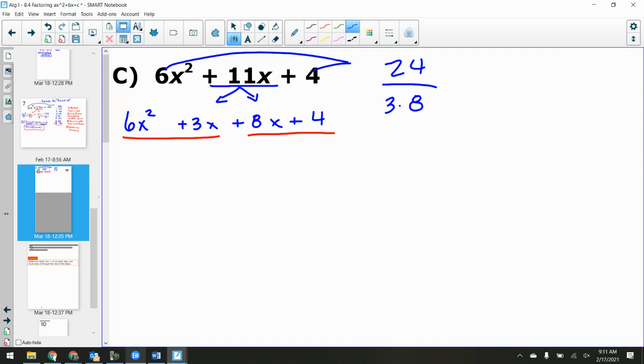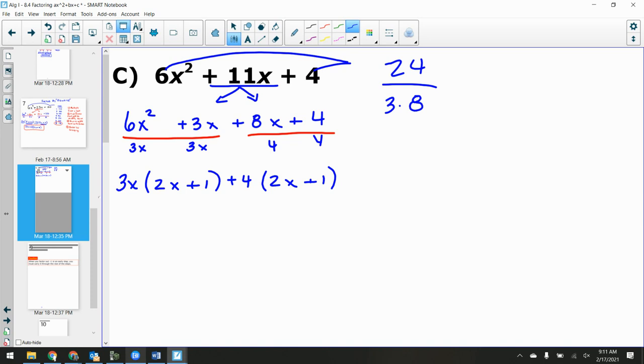Okay, my GCF of my first two terms is a 3x, leaving me with a 2x plus 1. My GCF of my second two terms is a positive 4, leaving me with a 2x plus 1.